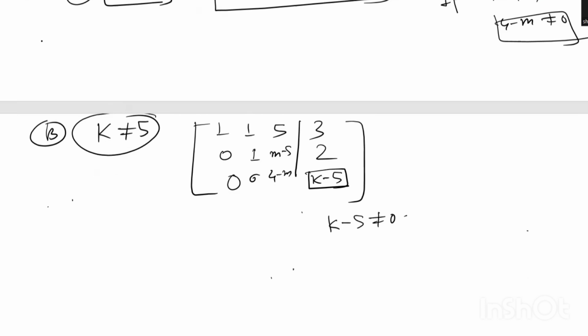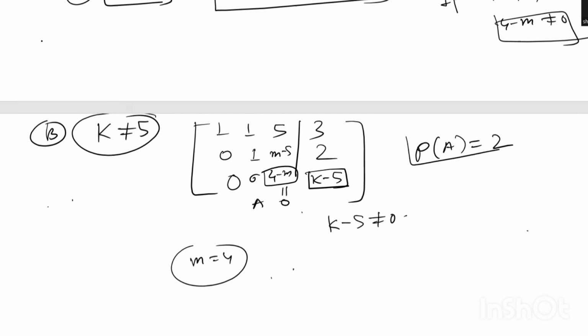If we choose m equal to 4, then 4 minus m equals 0. So the rank of A is 2, because the last row of A is completely zero, while the rank of the augmented matrix is 3, because the last entry is non-zero.